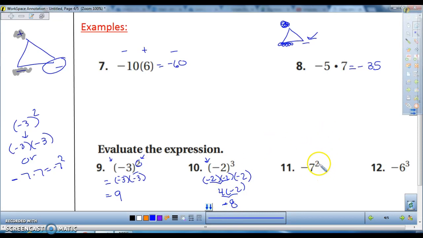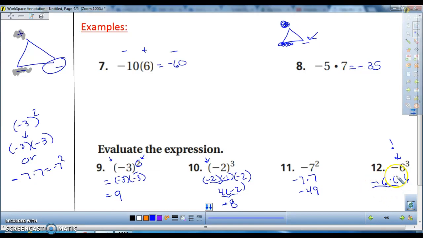Number 11, no parentheses, so it says only one negative 7 times 7. 7 times itself. So negative times positive is negative. 7 times 7 is 49. Number 12, no parentheses. Pay close attention. So we are saying 6 times itself 3 times, and one of them is going to be negative.